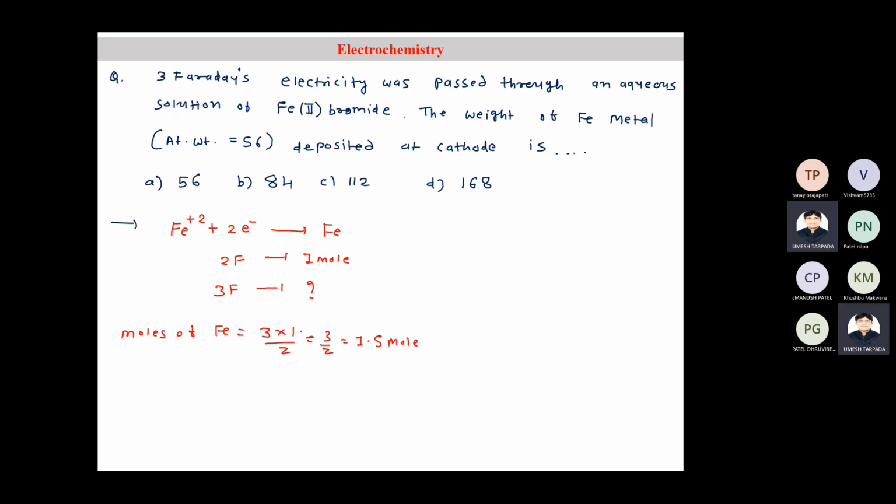Now calculate the amount. Amount of Fe deposited is equal to its mole into equivalent weight, that is 56.